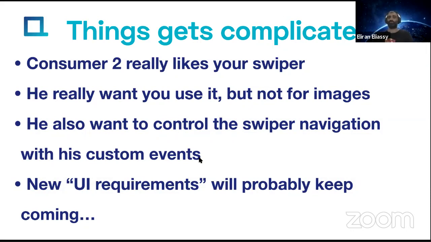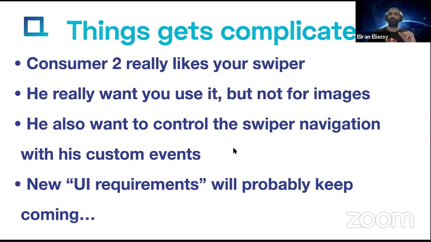Let's say he just wants to show the speakers' names, this event's speakers' names, or just screens, or whatever he wants. And he also wants to control the navigation by his custom events. So I need to expose the navigation somehow so consumer2 can use it.